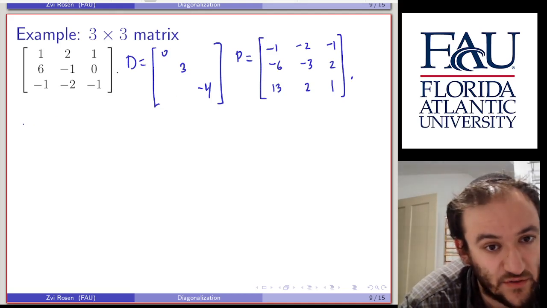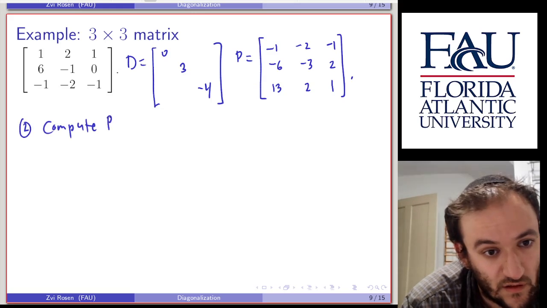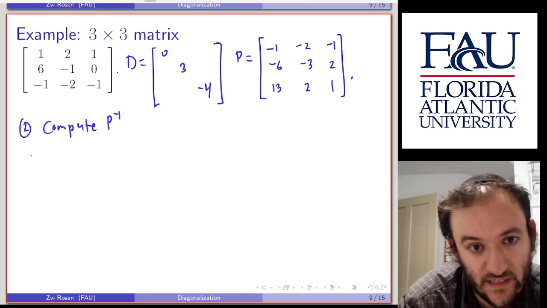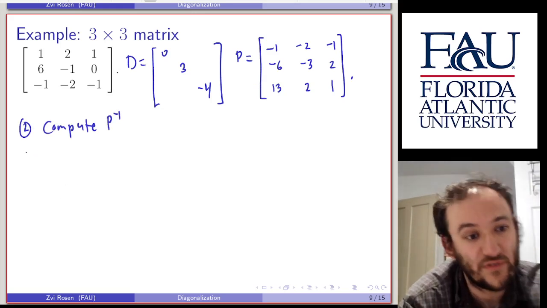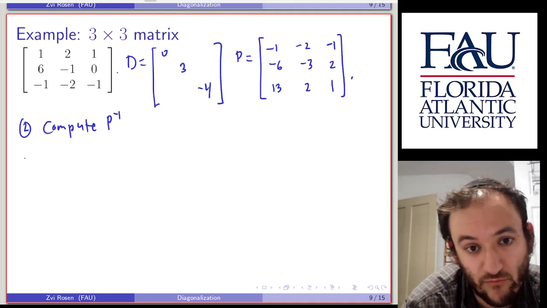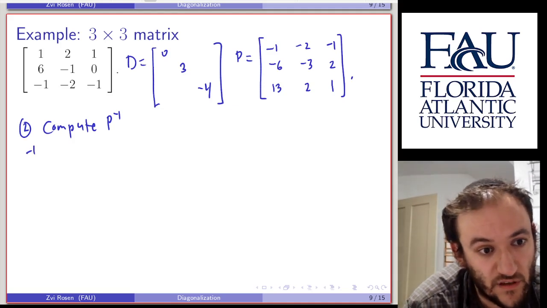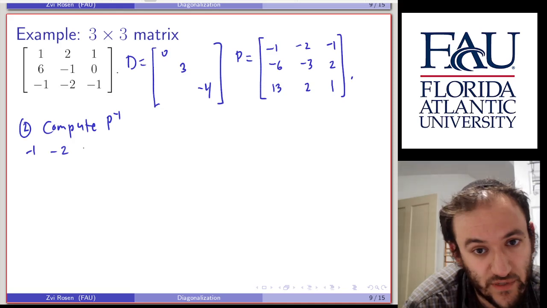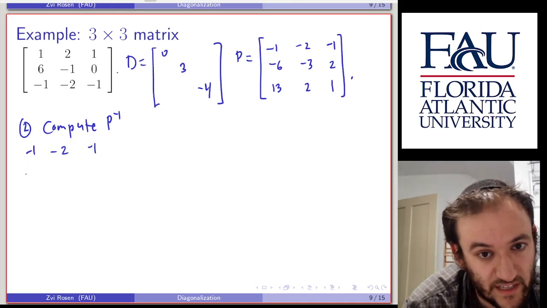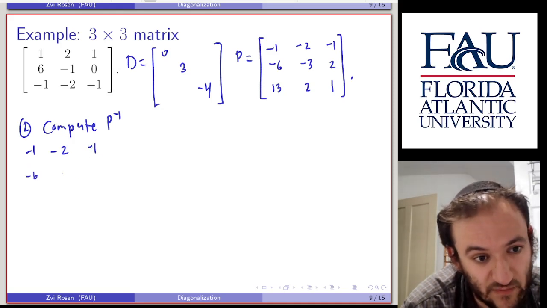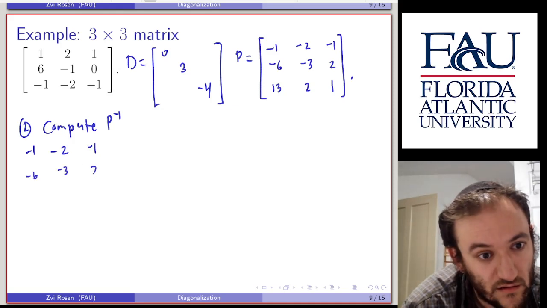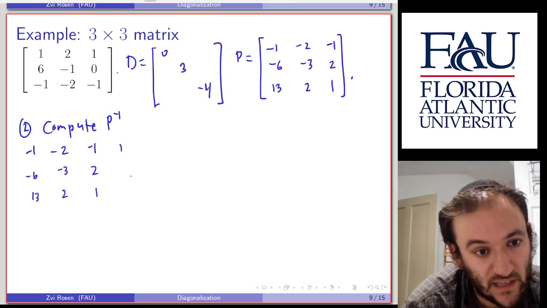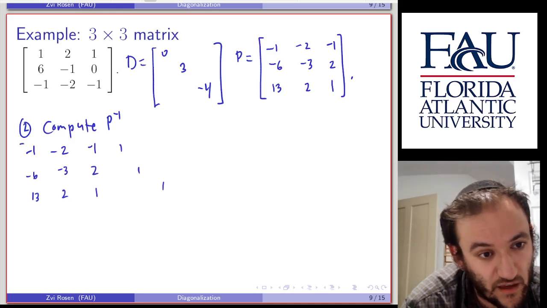Okay, so the next step is to compute P inverse. And there's not really too many fancy tricks here because we don't have 2 by 2, so we have to just do the row reduction method of finding an inverse. So we start with P in the left-hand side of our 3 by 6 matrix, and we take the identity in the other half.